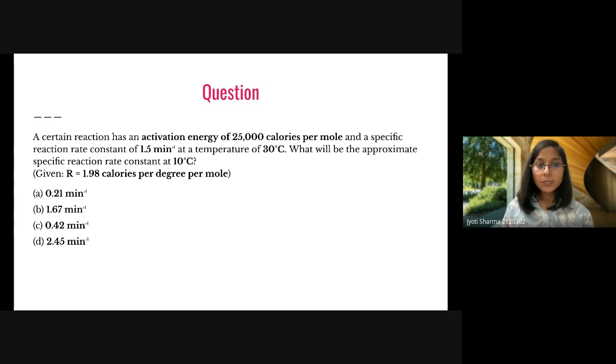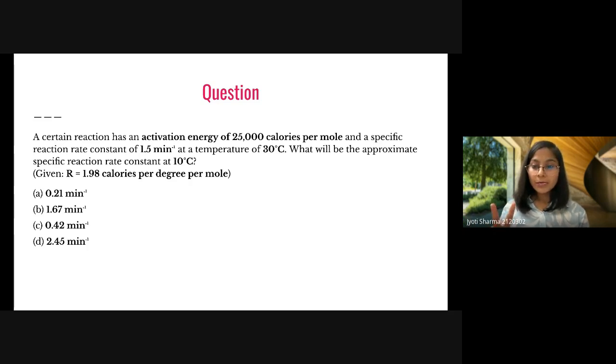Here the question gives an activation energy of 25,000 calories per mole, and a specific rate constant of 1.5 per minute at a temperature of 30 degrees Celsius. You have to tell what will be the approximate specific reaction rate constant at 10 degrees Celsius.